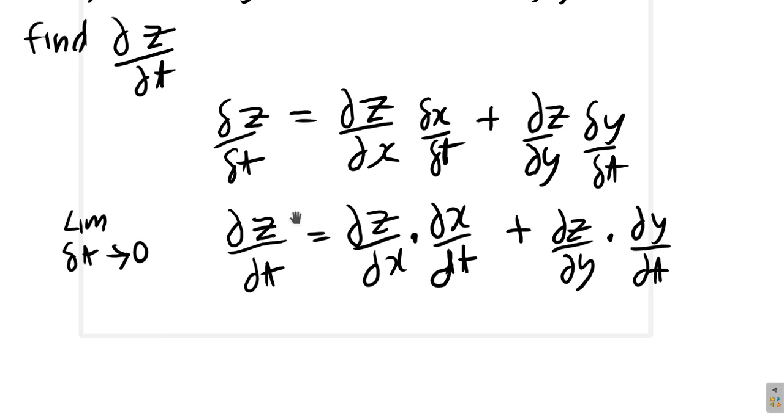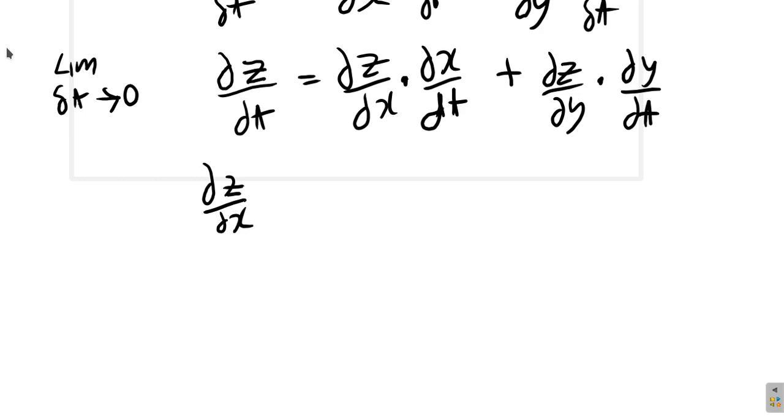So we need to find each. We need to find the partial derivative of z with respect to x. We need to find the partial of x with respect to t. Sometimes the word derivative is left out. We need to find the partial of z with respect to y.